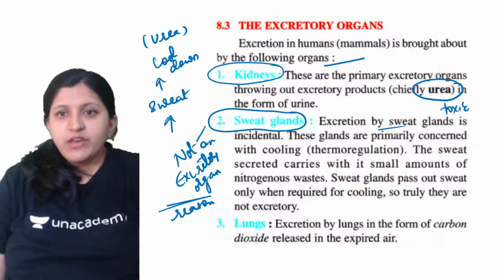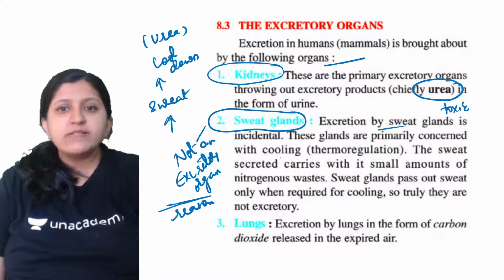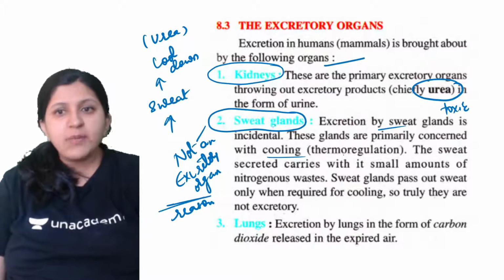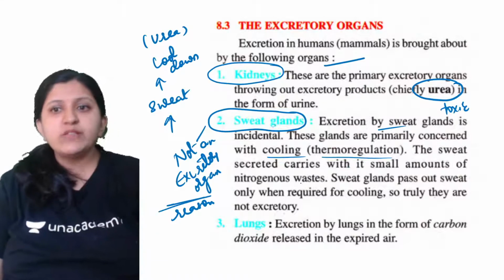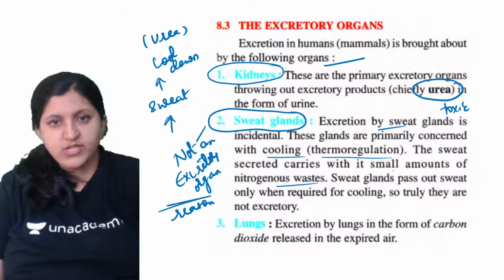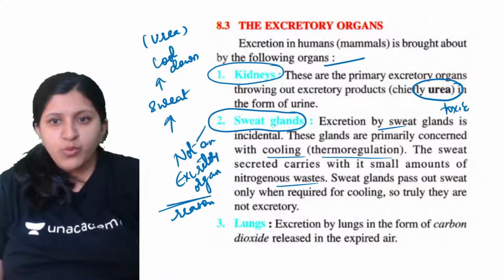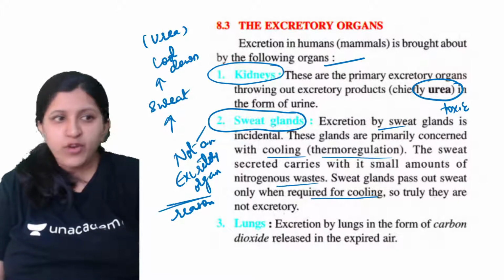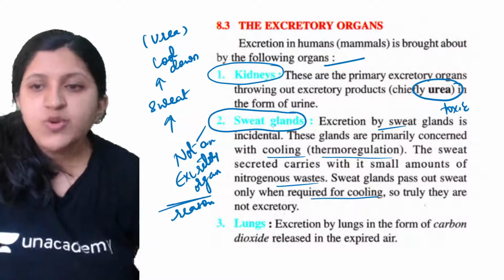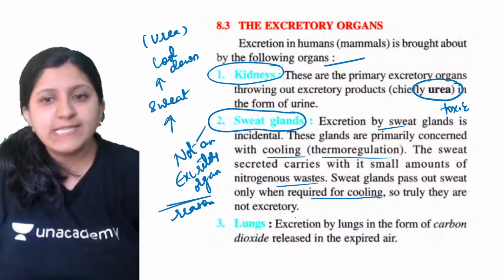These glands are primarily concerned with cooling, that is thermoregulation, so you need to write that. Sweat contains small amounts of nitrogenous waste, that is urea. Sweat glands pass out sweat only when required for cooling, not for any other purpose, so truly they are not excretory.